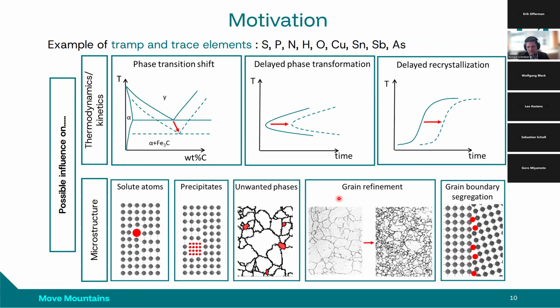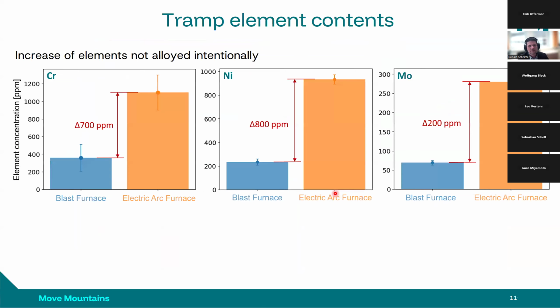In order to investigate these effects, one needs, of course, to consider first what element contents we are talking about. And what you can see, for example, is production from blast furnace here, and production from electric arc furnace here.